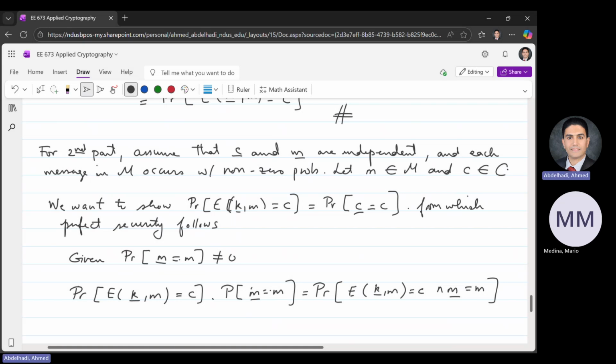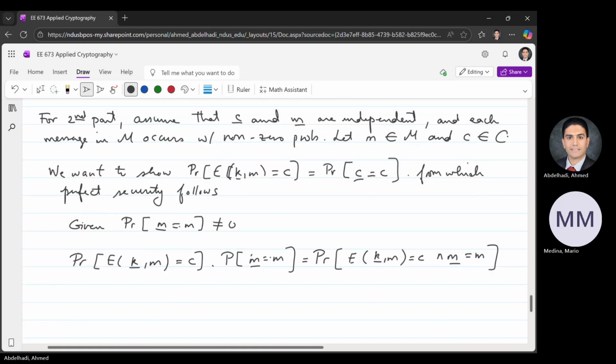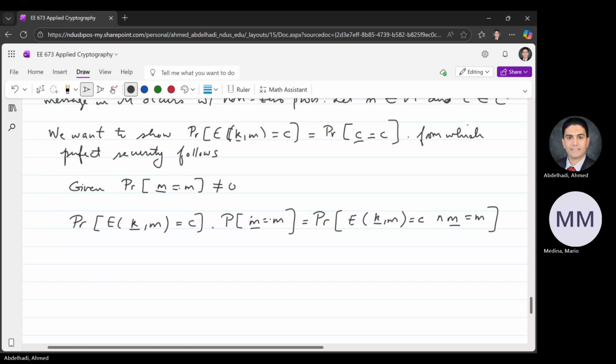Okay, so why is this true? And we're starting with the point that they are independent as well. Yeah, this is true because K is independent from M. Okay, so the intersection will be equal to the product.